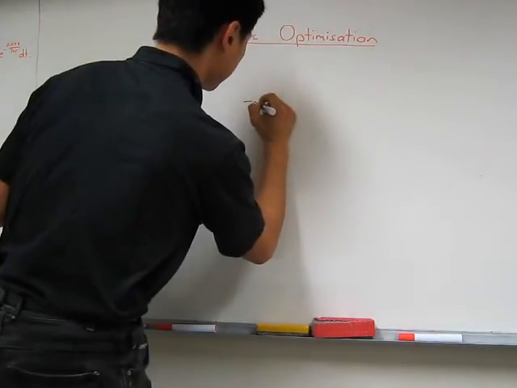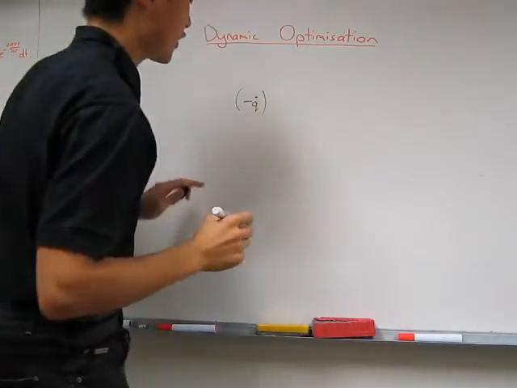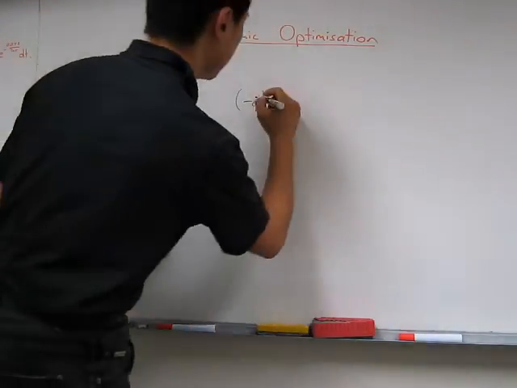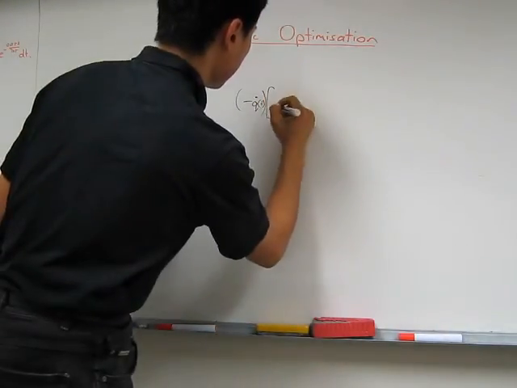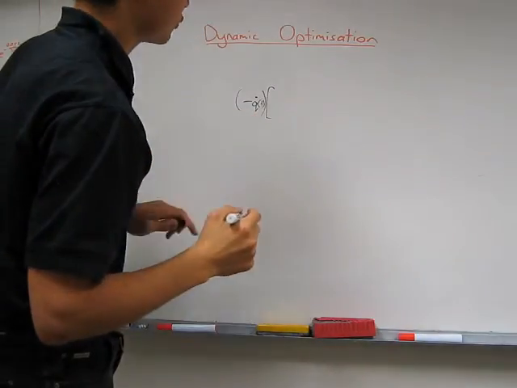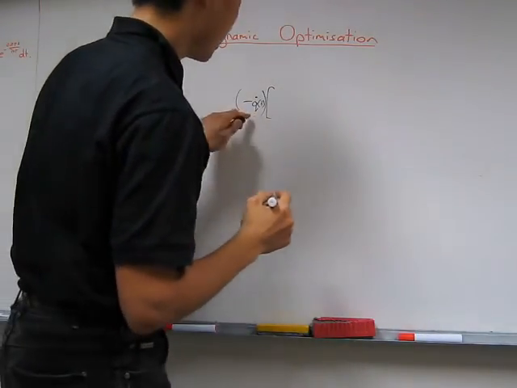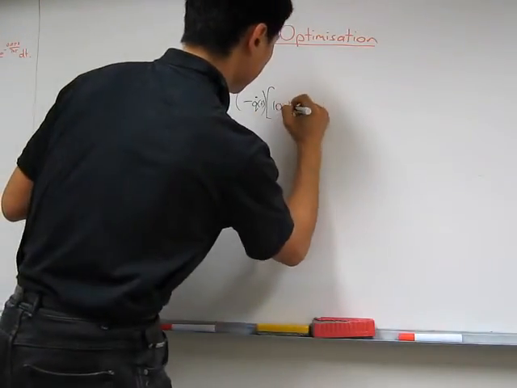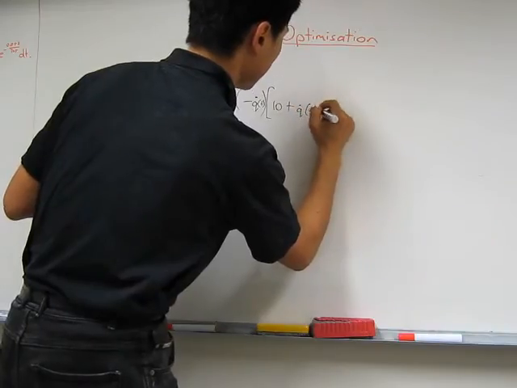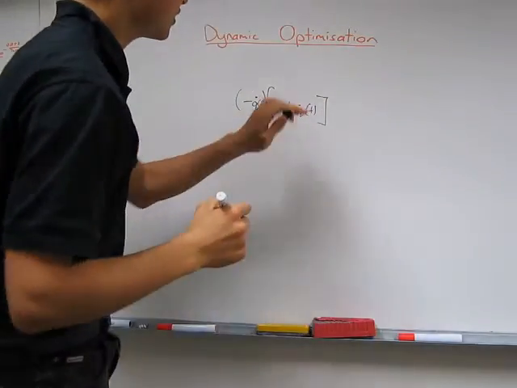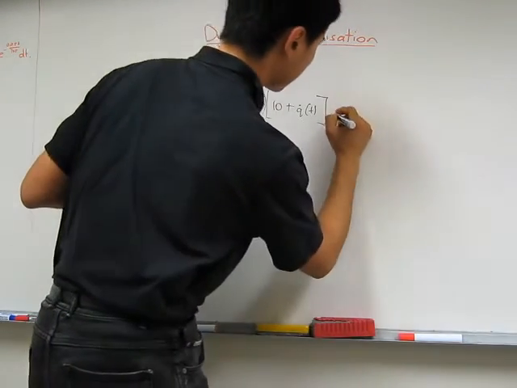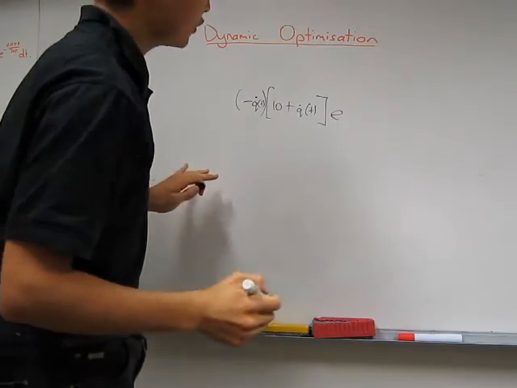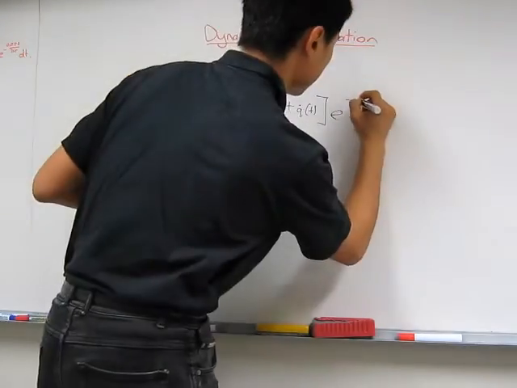Okay, so I already said that negative Q dot is the number of cans of beer that I'm going to be selling on day number T. And I said just a minute ago that the price that I'll be able to collect if I want to sell this much is 10 plus Q dot. So this is the amount of money going into my bank account on day number T. And of course, I earn 5% interest.